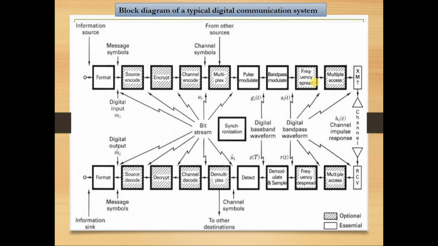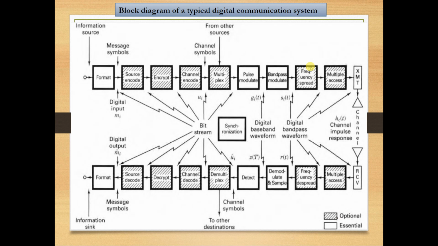And second, it makes it more robust against narrowband interference. Suppose, for example, you have a signal at frequency F1, and there is another interference source that's concentrating its interference at F1. So if you transmit your signal as is like this, then your signal will die.